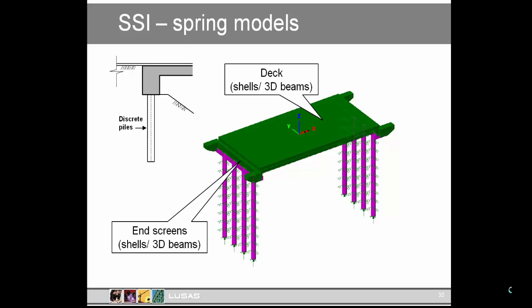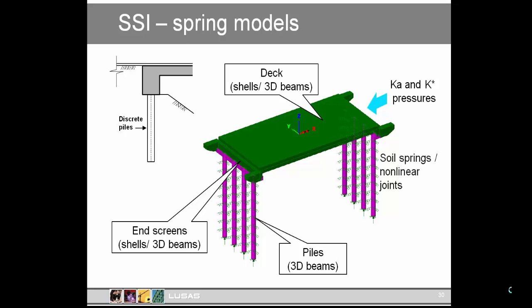It's quite reasonable for the lateral earth pressures on these end screens to be at minimum Ka and at maximum K star, using the approach I described earlier. Below, the piles are modelled with 3D beam elements, with the soil represented using springs or nonlinear joints.